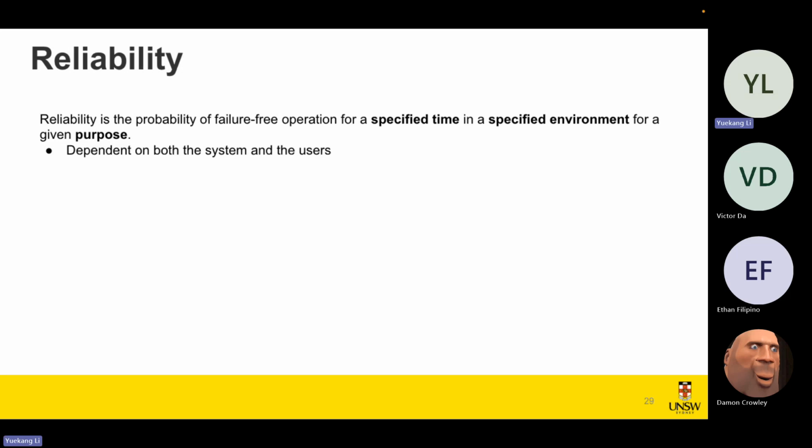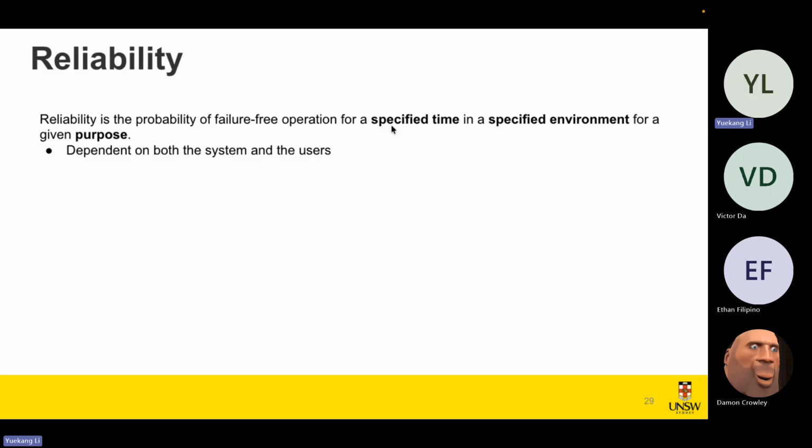So the definition of reliability, if we look from the angle of testing, could be like this. Reliability is the probability of failure-free operation for a specified time or in a specified environment.